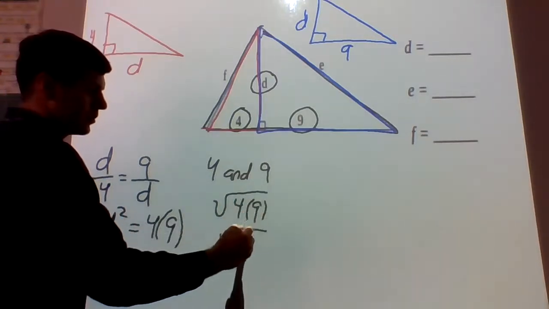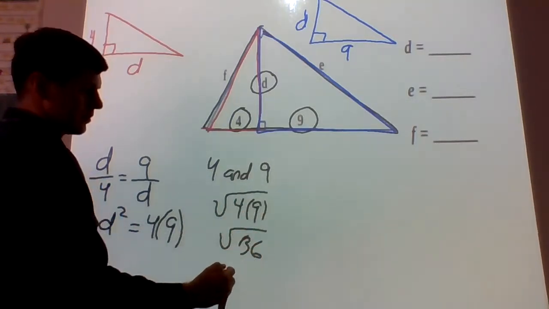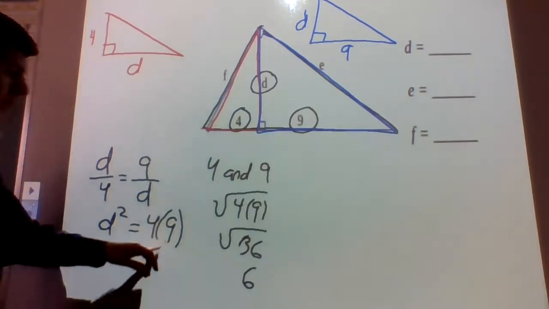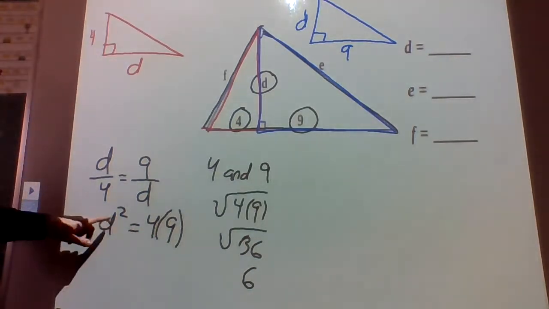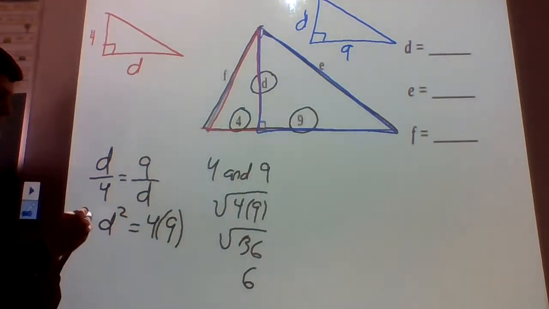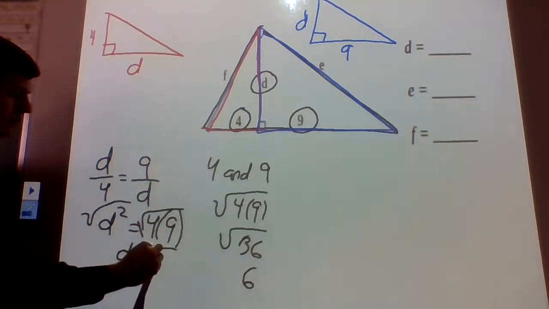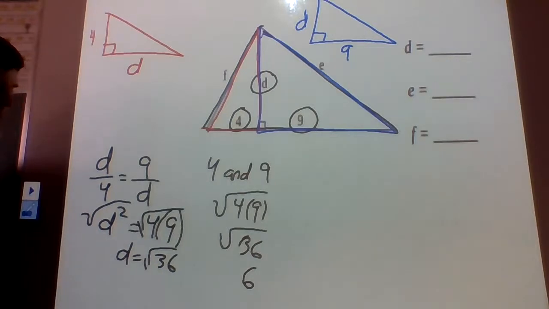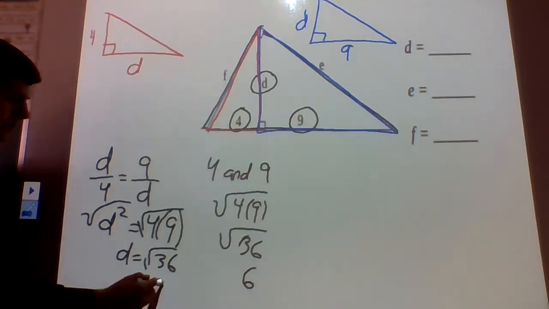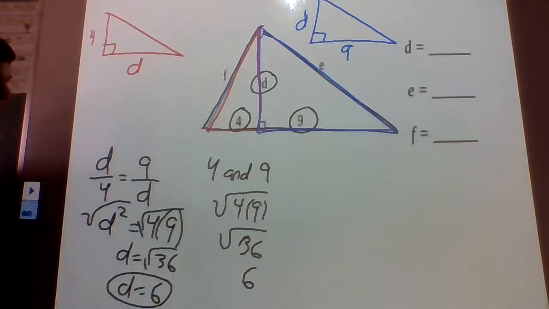The product of those two numbers is 36. So we would have gotten 6. Here, same thing. How do we solve for D? It's a square, so we got to take the square root of both sides. So we get D equals the square root of 36, which is 6.